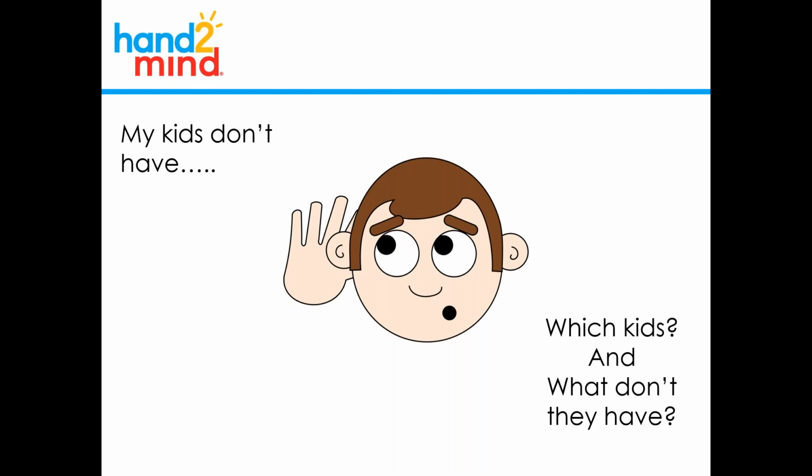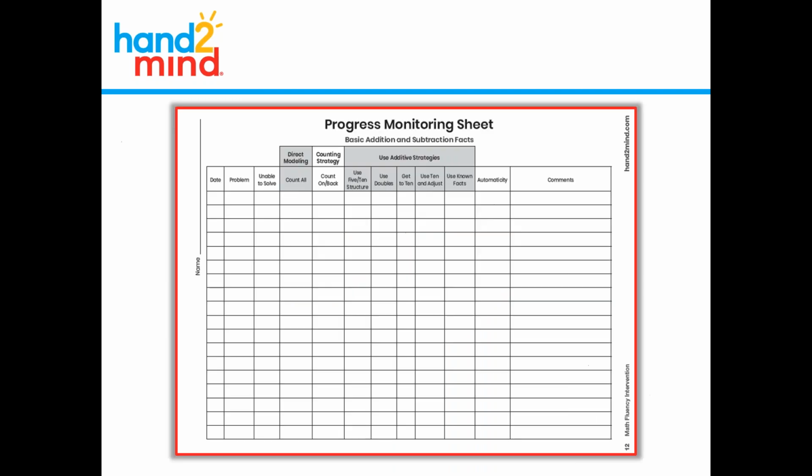So we have to have a tool that will help us identify what are they struggling with? What strategies do they have that are going to help them achieve math fluency, and what strategies do they not? So there we have progress monitoring sheets that help us see, what are my kids doing? I can give them any problem.